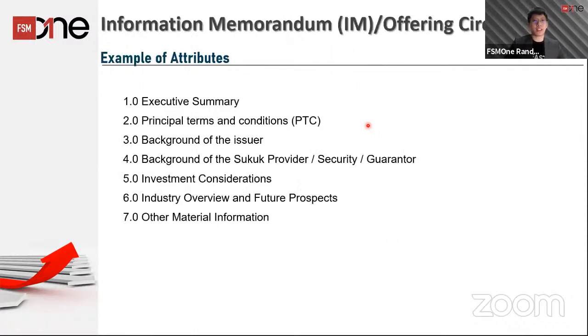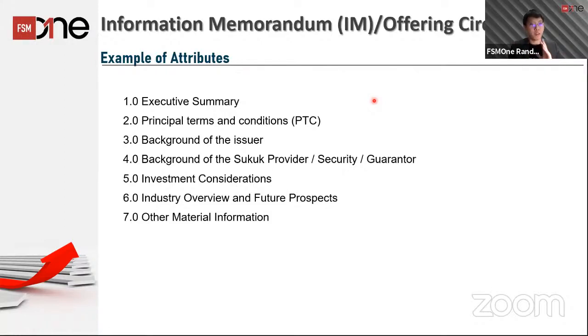So like I said just now, there is no fixed format or content for the bond prospectus, but this is the most common type of content that you can see in most of the bond documents. I understand these bond documents can be extremely long, and you may find it difficult to really pore over all of it.